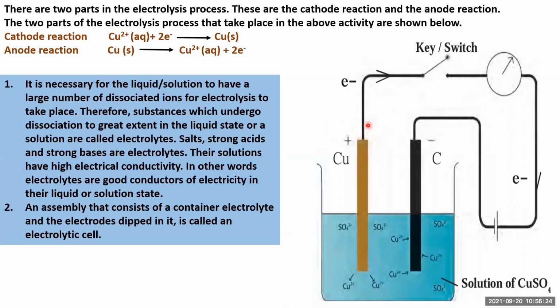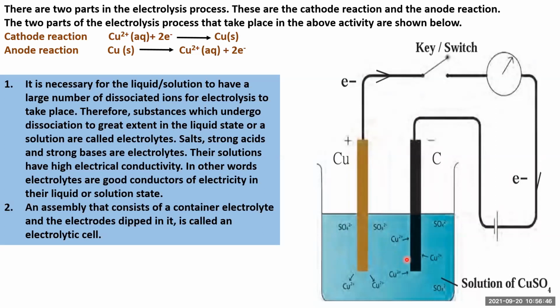When you connect these two electrodes to the battery, what happens? Current starts flowing through it. The electrons from the negative terminal of the battery come out, enter the carbon electrode, and dissociate the ions in the solution into Cu2+ and SO4 2-.